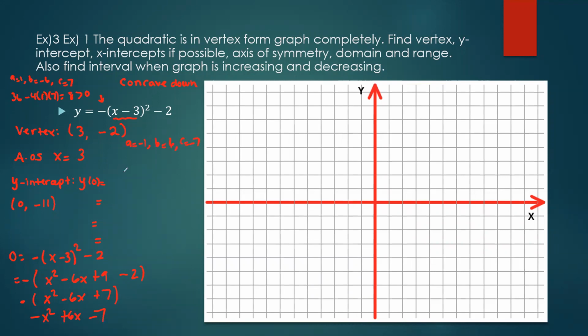So b squared minus 4ac, so b squared is 36, minus 4 times a, which is negative 1, and c is negative 7. Negative 4 times negative 1 is positive 4. Times it by negative 7, that's negative 28.